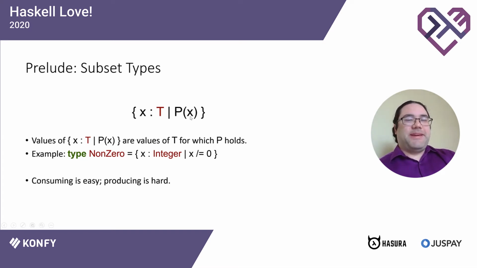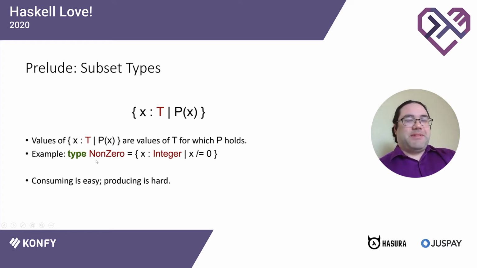This might be in a dependently typed language, or it could be using something like Liquid Haskell. So subset types are refinement types. And basically, this subset type says, given a value x of type T, we only want to consider those values that satisfy this predicate P.